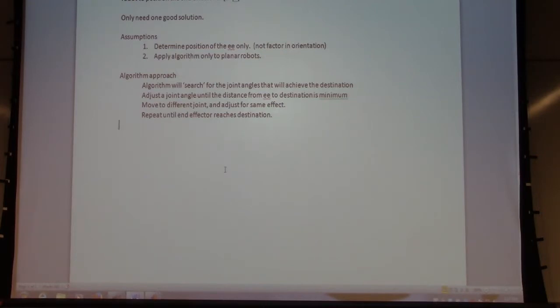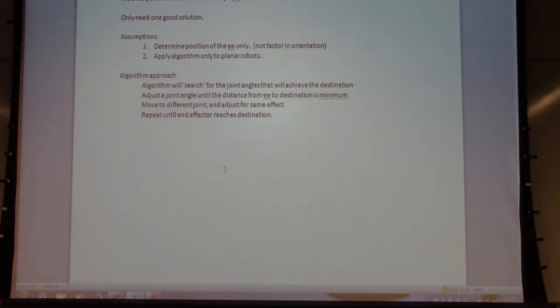We need to have a procedural approach in order to set this up so that we can write a computer program out of it. If we can set it up so that there's a flowchart that goes along with it, or a very systematic approach, then we can implement it in our code.